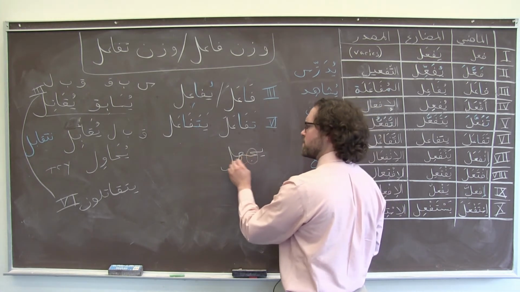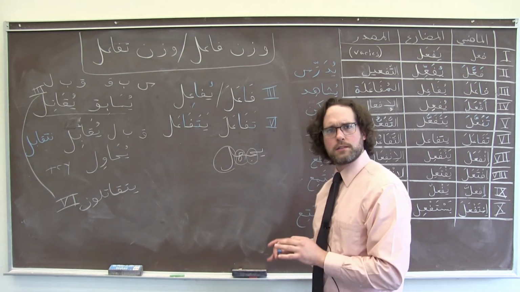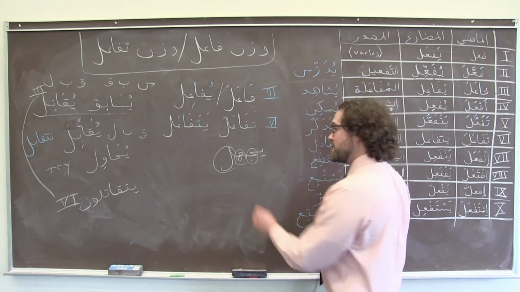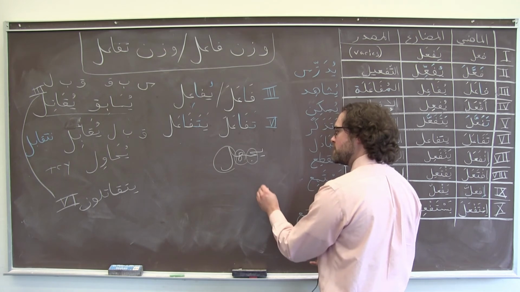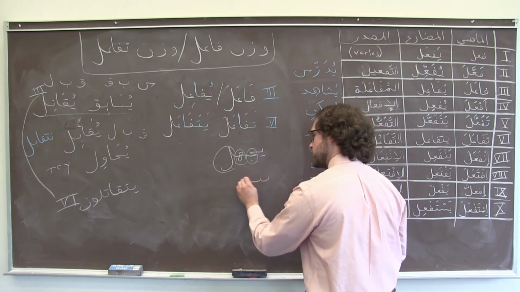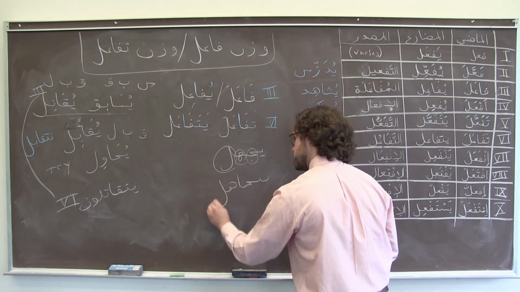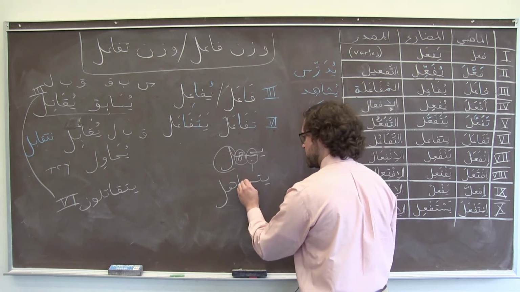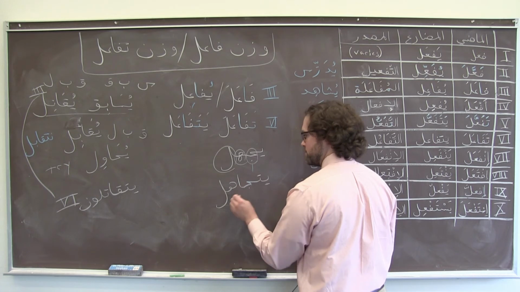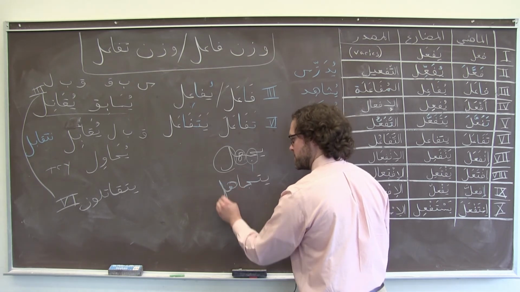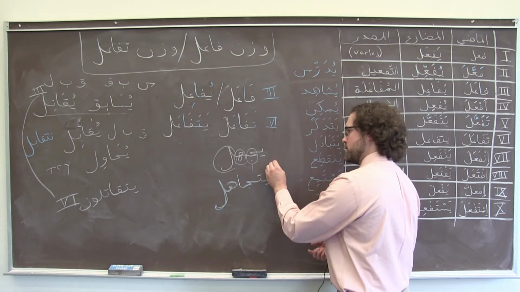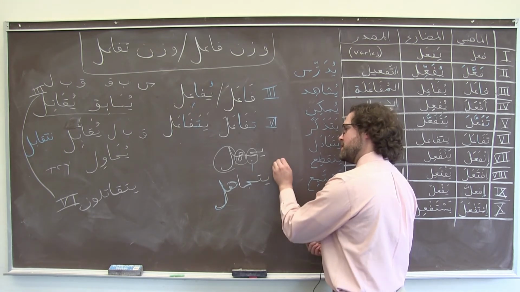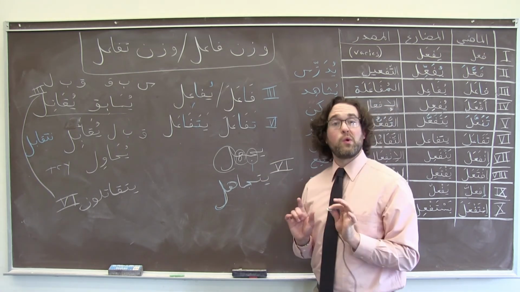The root has to do with not knowing things, being ignorant. If we take that judr and we put it into Form 6, we get يتجاهل, conjugated for huwa, in the present tense, which specifically means to ignore.